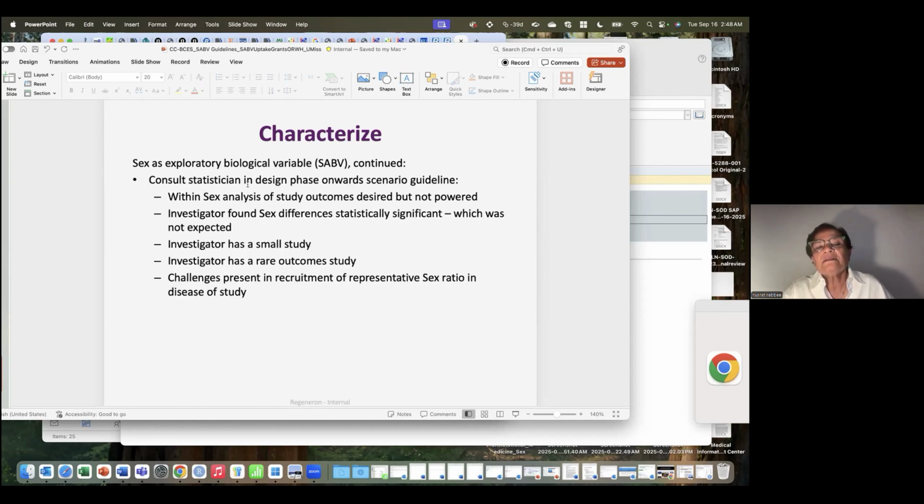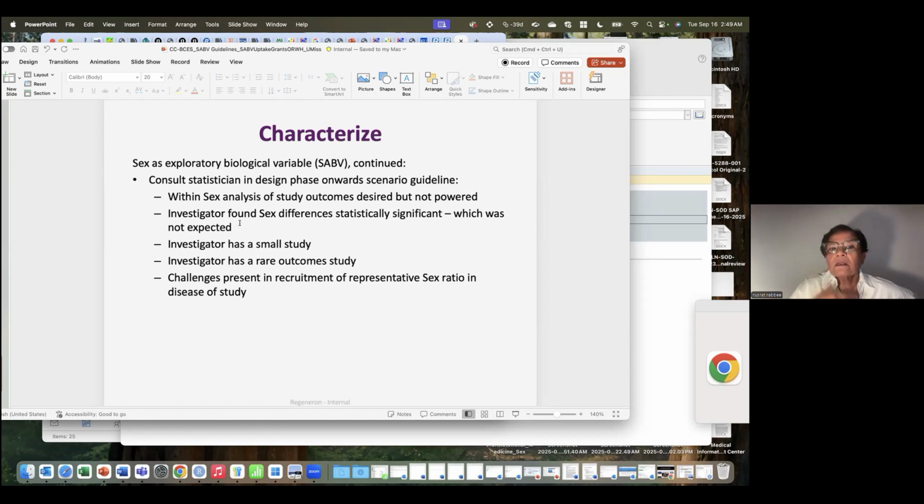So again, I recommend for all principal investigators to consult statisticians from the design phase onwards within sex analyses of study outcomes. If it's desired but not powered, please consult a statistician. Another case is where the investigator found sex differences, which was not expected.